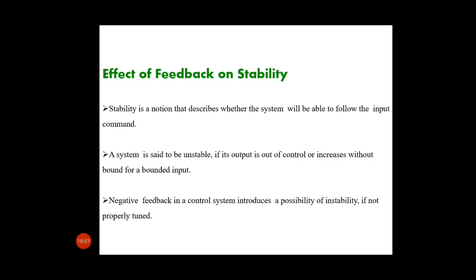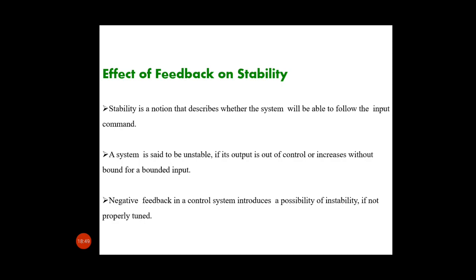If the feedback increases, the overall gain decreases. Like that, we saw that sensitivity is 1 by 1 plus GH in a closed loop system, so the sensitivity is also affected by the feedback path. If this 1 plus GH is high or low, your sensitivity is affected.